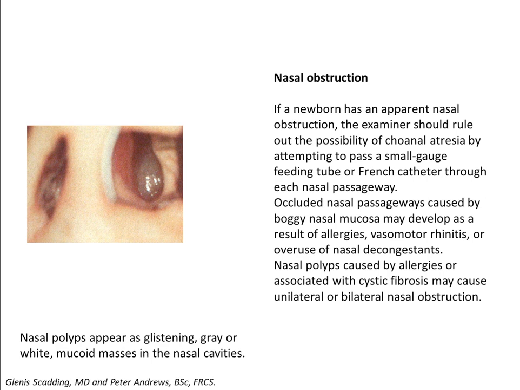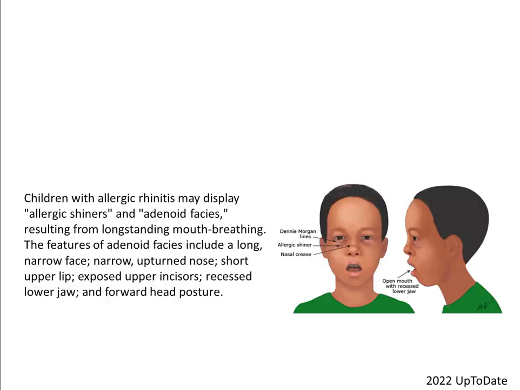Occluded nasal passageways caused by boggy nasal mucosa may develop as a result of allergies, vasomotor rhinitis, or overuse of nasal decongestants. Nasal polyps caused by allergies or associated with cystic fibrosis may cause unilateral or bilateral nasal obstruction.